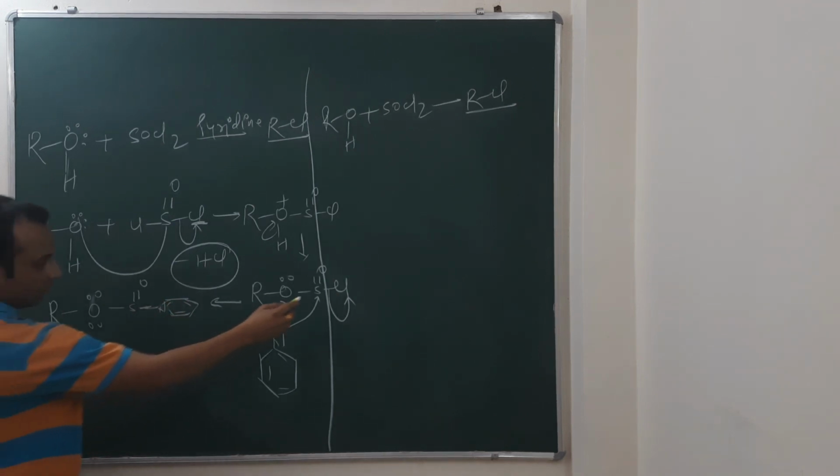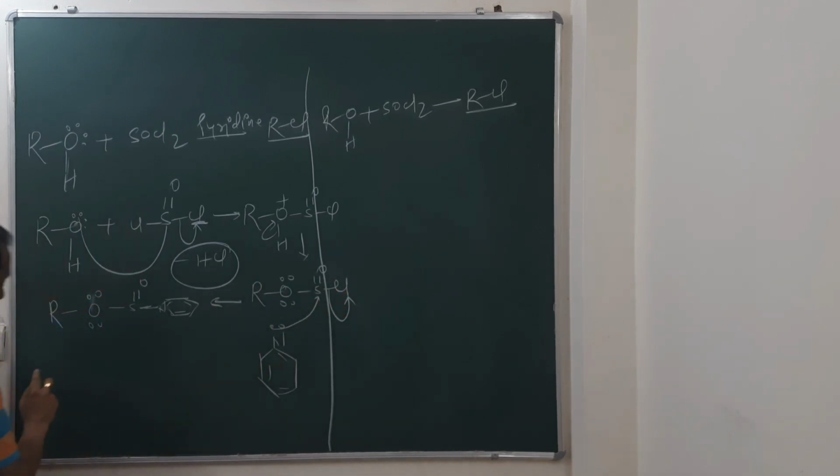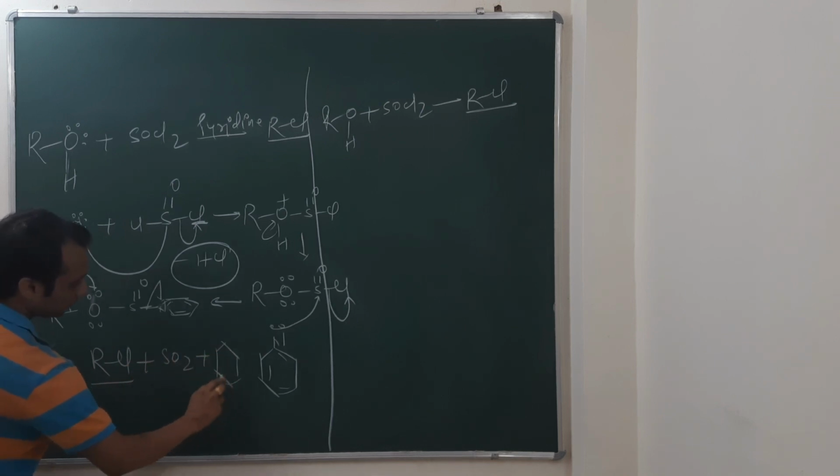The chlorine which has already left sulfur will attack from the back side, and the bond forms at the same time. That will happen because the electrons already form sulfur dioxide here, and pyridine acts as a base and a catalyst. So what happened? Alkyl chloride forms, plus sulfur dioxide, plus pyridine.